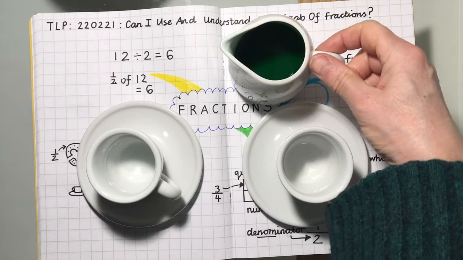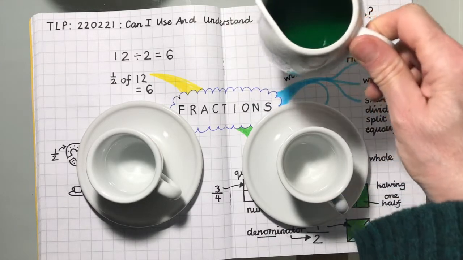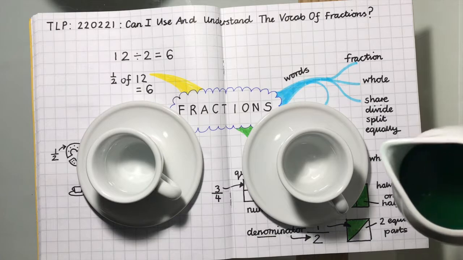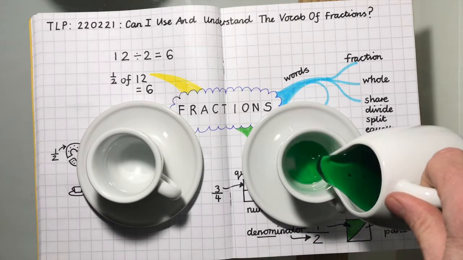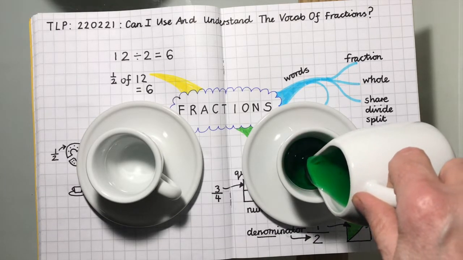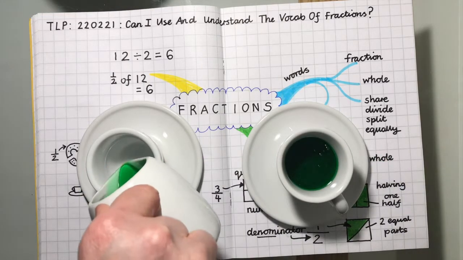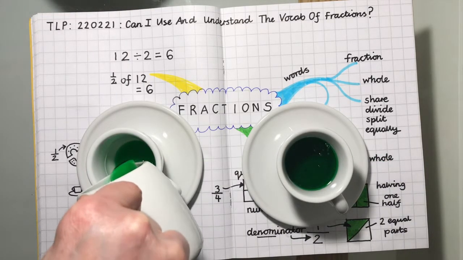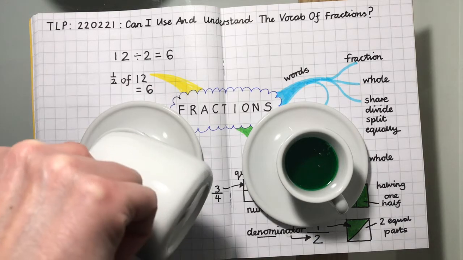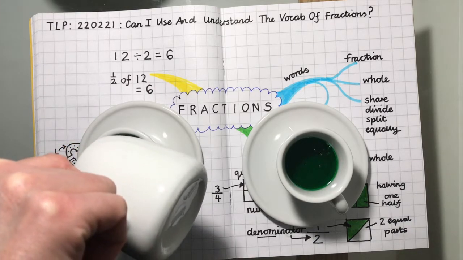Now I'm definitely not going to drink this, Year 3, because it's washing up liquid. You must never ever drink washing up liquid, you would get poisoned. So the whole liquid is being shared fairly between the 2 cups so that the 2 parts are equal.